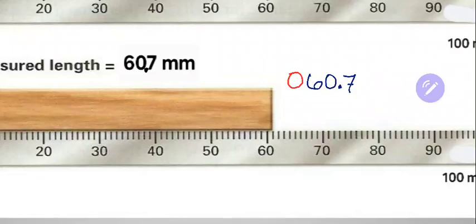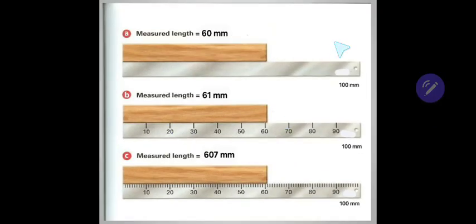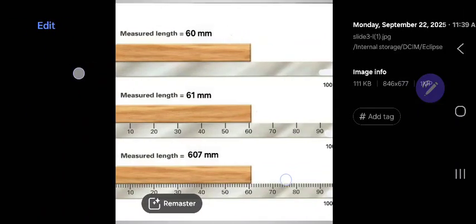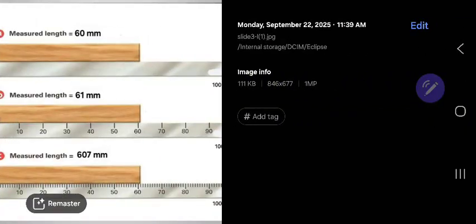So if we look at our rulers, even though there are 2 digits there, remember we would want to write that probably as scientific notation, which would give us 6 times 10 to the 1 millimeters.